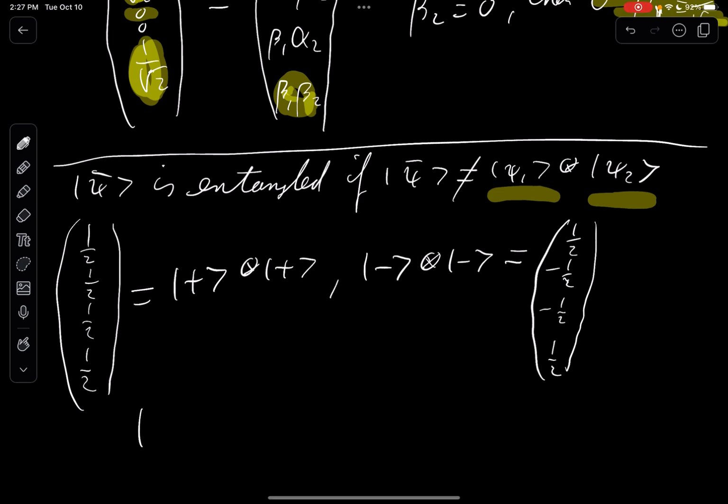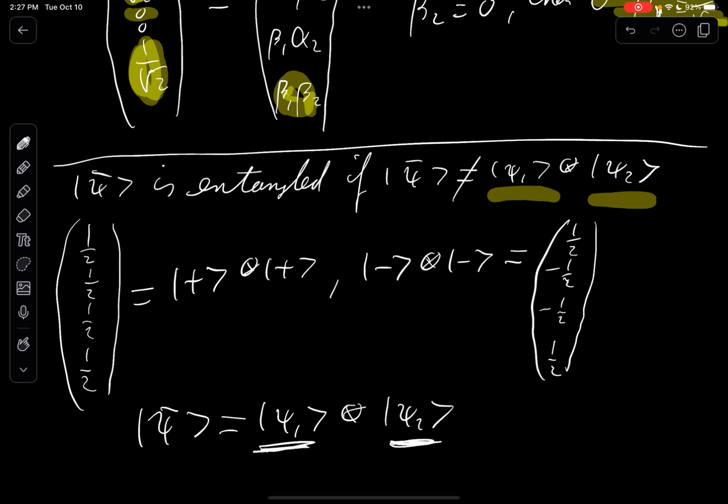So if a state can be written like this, I can really sensibly talk about qubit 1, that's just a thing living here, and qubit 2 living here. They're sort of independent. But now if I have a state that's not of this form, then it doesn't really even make sense.